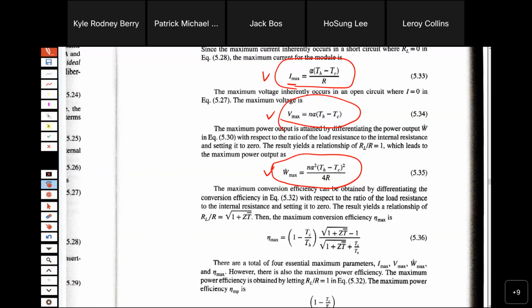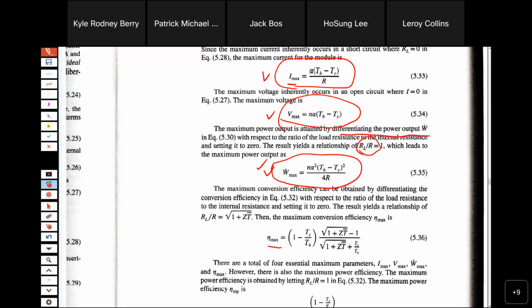We take a differential, because once we have an expression for power with respect to RL over R, we found the maximum. And efficiency, again, take a derivative.